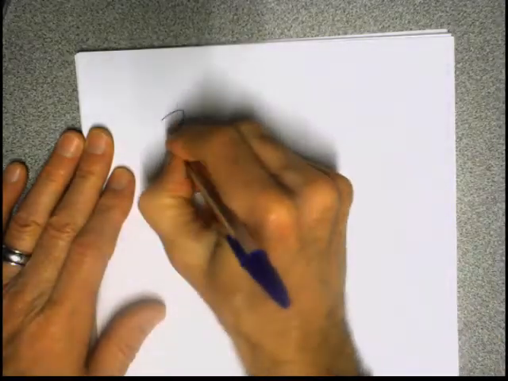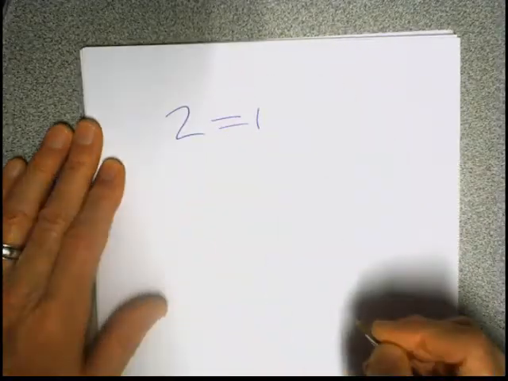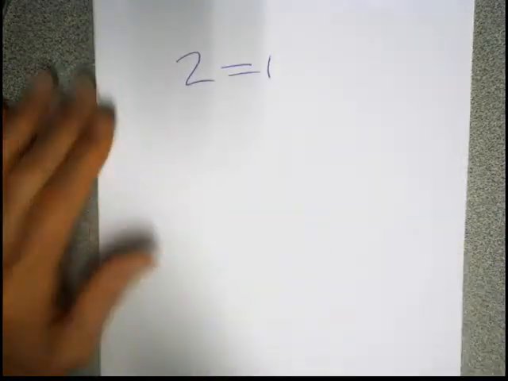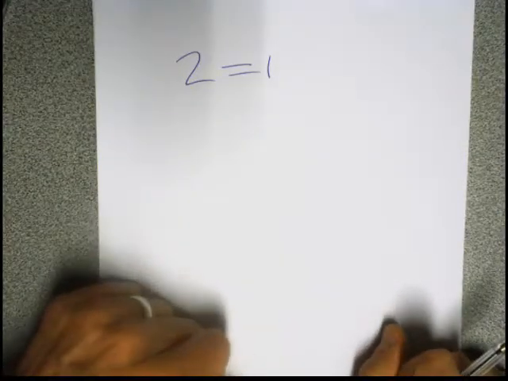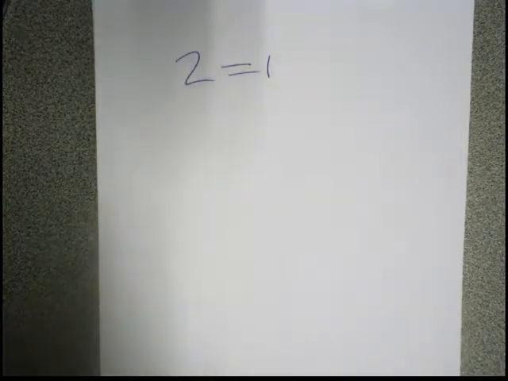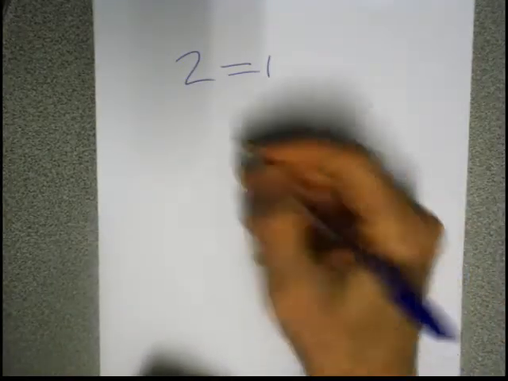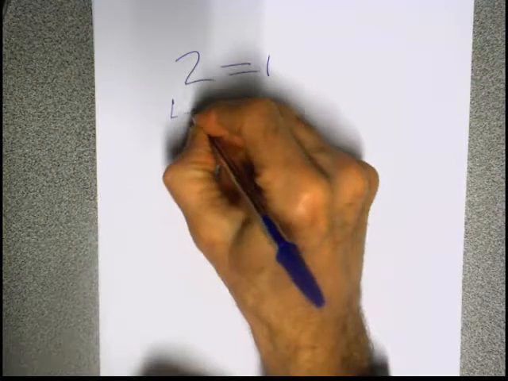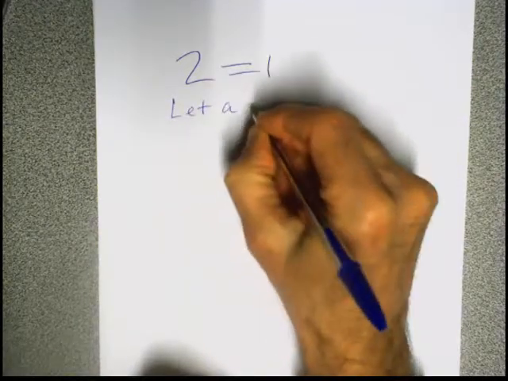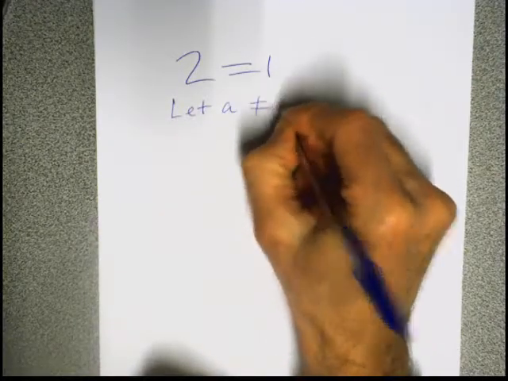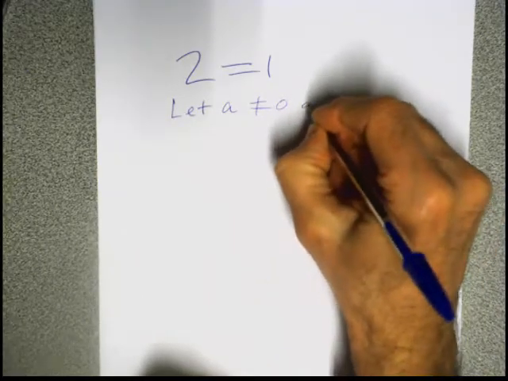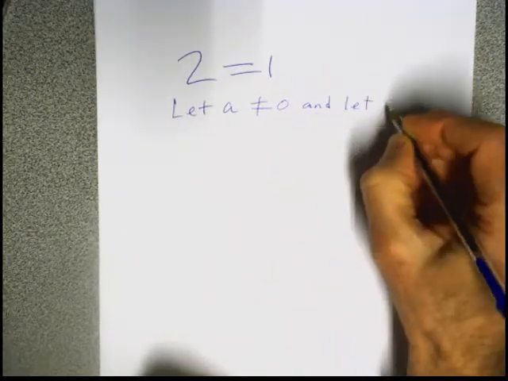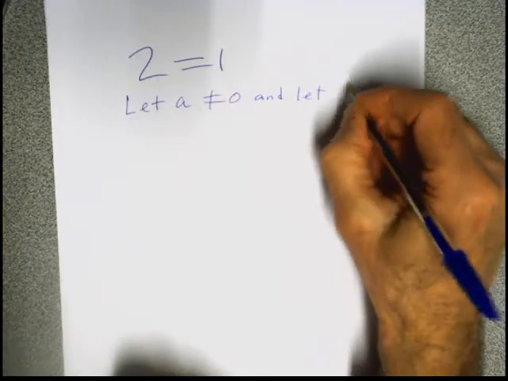Let's do it. If you allow me to assume that 2 equals 1, then I'll try to take that and work it down to a true statement as follows. Let me introduce some notation. I want to pick a number. Let a be an integer not equal to 0, and let a equal b.